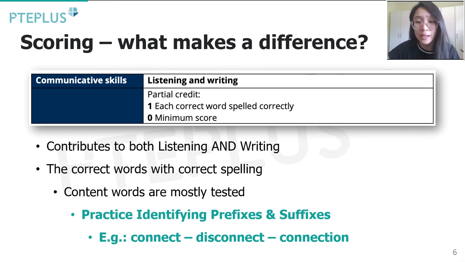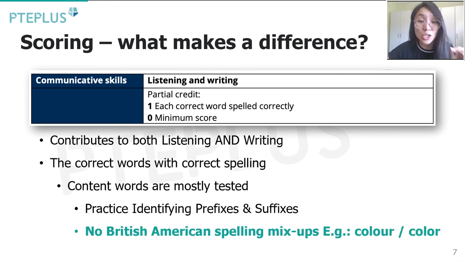Now the next thing is your use of British versus American spelling. Over here, this is the British spelling for color, and this is the American spelling for color. The key thing to take note about this one is that within one fill-in-the-blanks question, so let's say you've got 5 blanks in here, you do need to make sure that you use a consistent spelling system through those blanks in that one question itself.